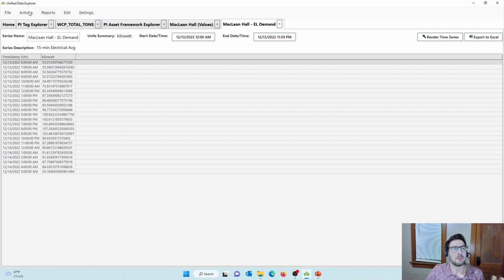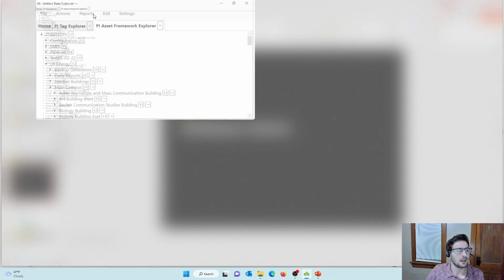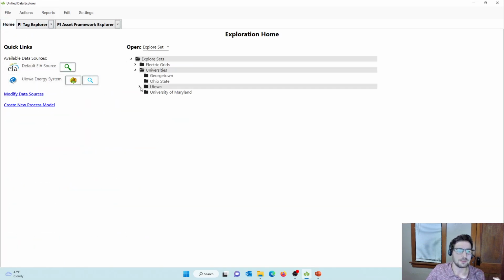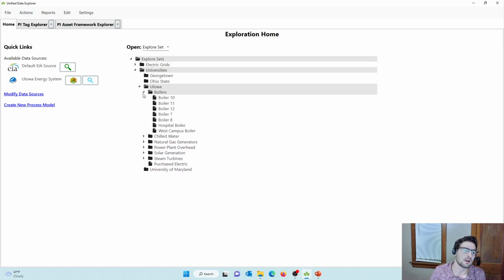But then the most important part is, you found these data streams, and now you want to go and build your model. And so you don't want to have to find them again. So there's also a hierarchy structure here, where you can save off the sets you found.